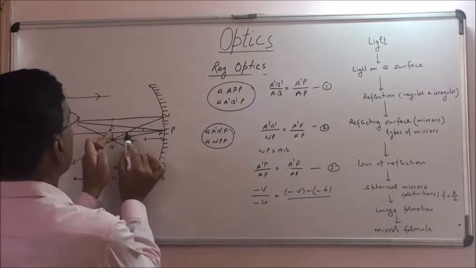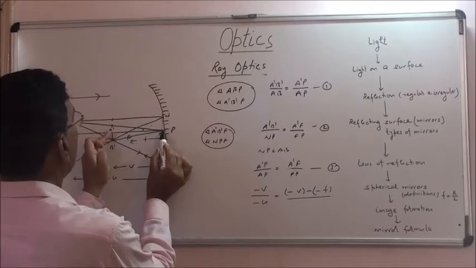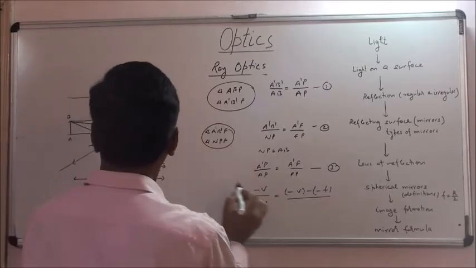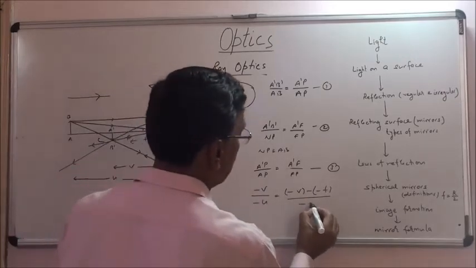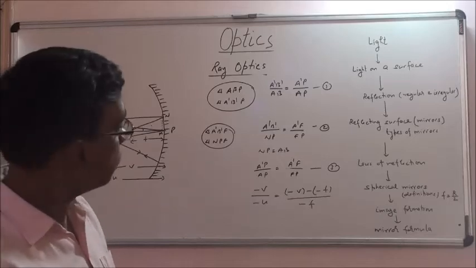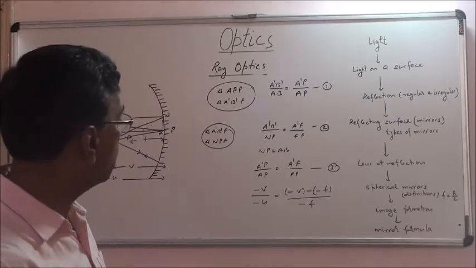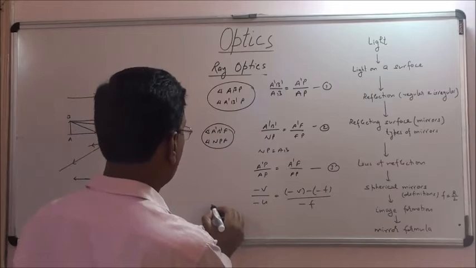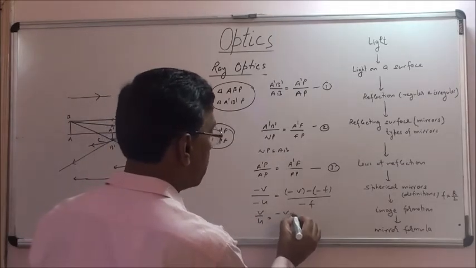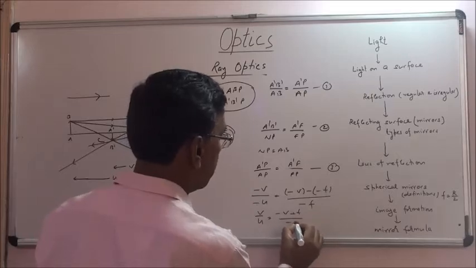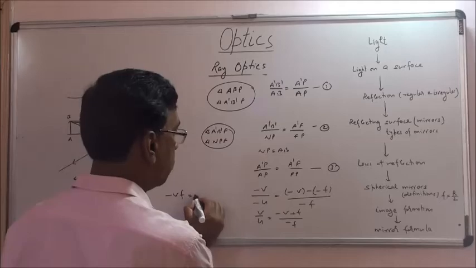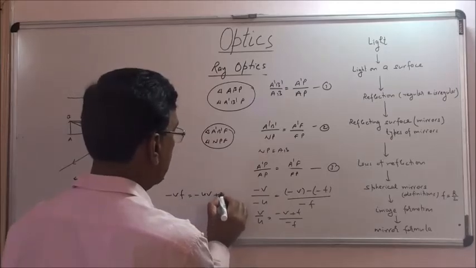A dash F is this much, V minus F. FP is minus F. Okay, now rearrange the terms. This minus cancelled and we have V by U is equal to minus V plus F upon minus F. So we have minus VF is equal to minus UV plus UF.